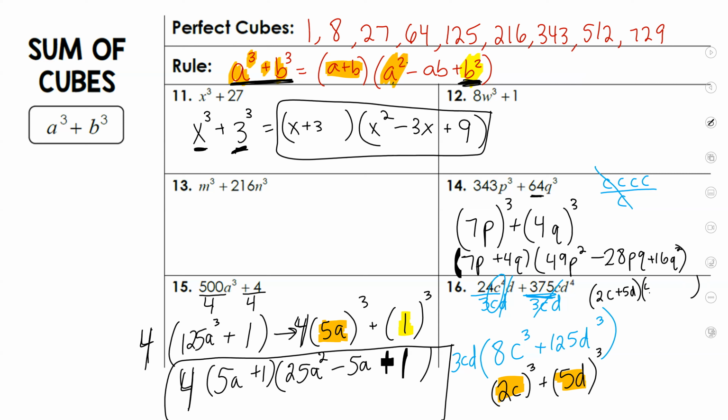Yes, 4C squared minus A times B. So what's 2 times 5? 10, and then CD. Okay, and then I want to do B squared. So what's 5D squared? Yes, so this will be plus, I'm running out of space, 25D squared. And what goes on the outside? 3CD, that was your greatest common factor. So this is your answer.